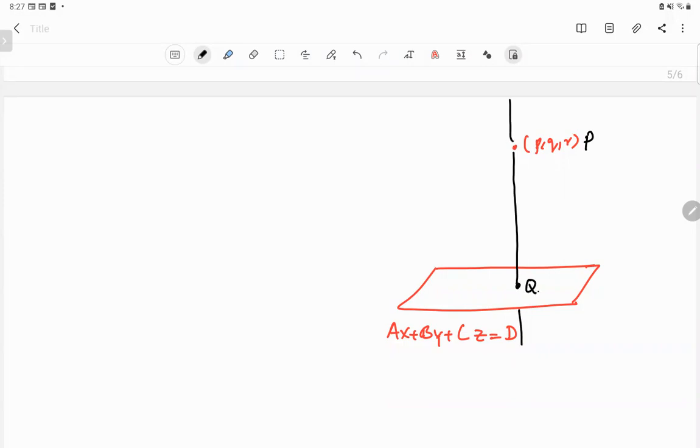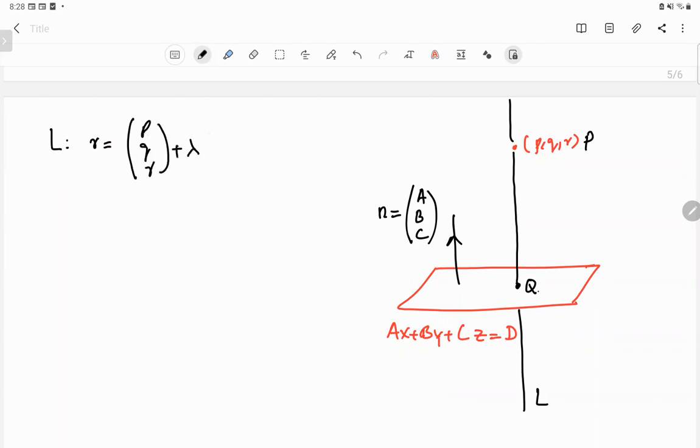And then this is the equation of line. And this is the normal vector. The normal vector is A, B, C. The normal vector of the plane is going to act as a direction vector of the line, okay? So the equation of line is R is equal to PQR plus lambda times ABC.